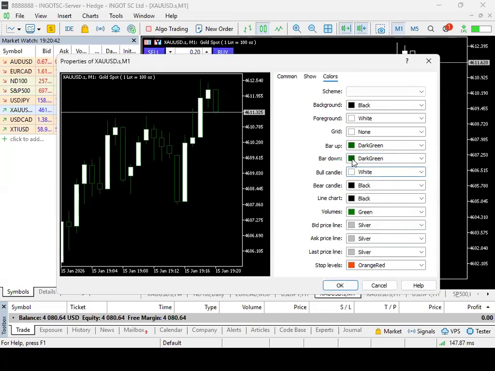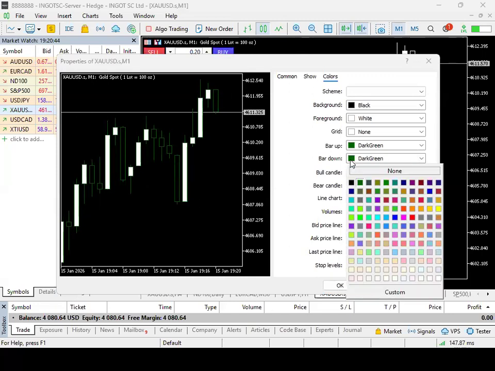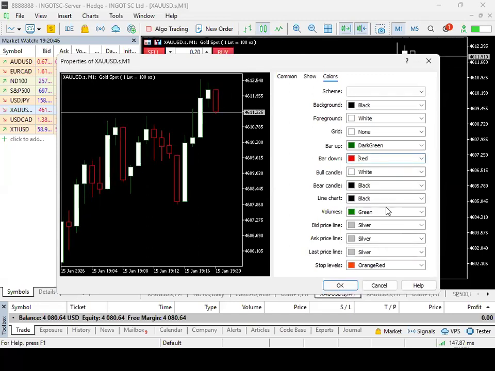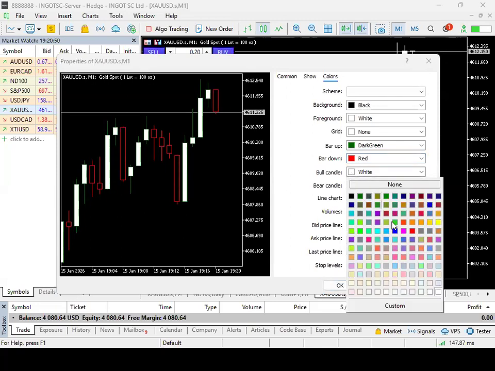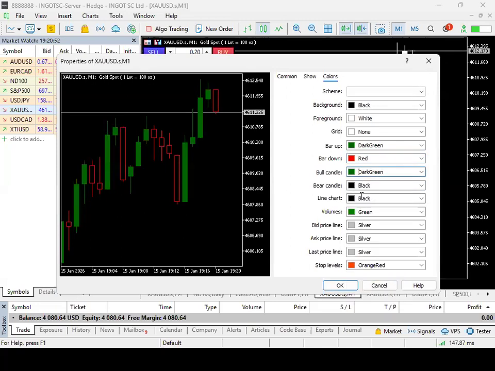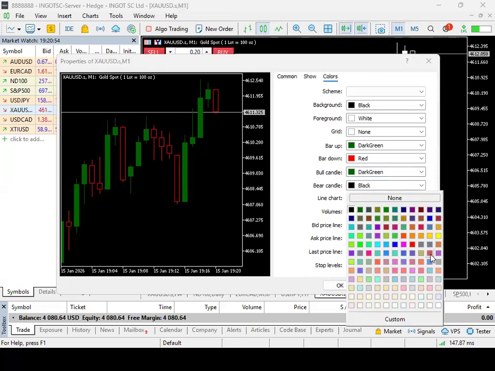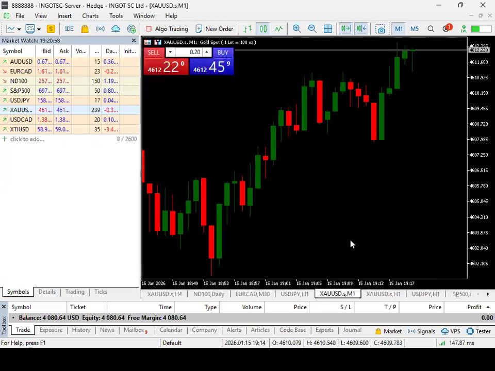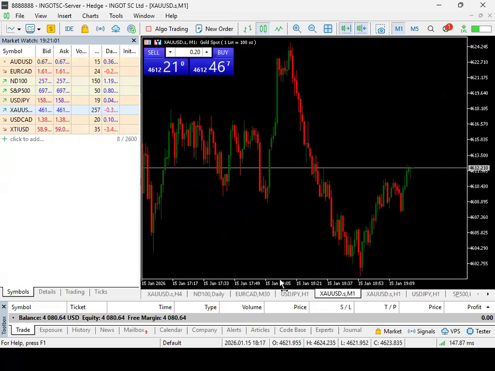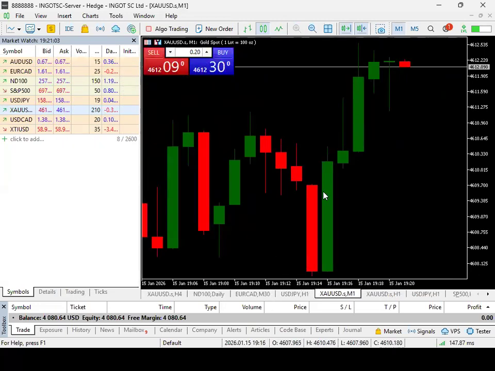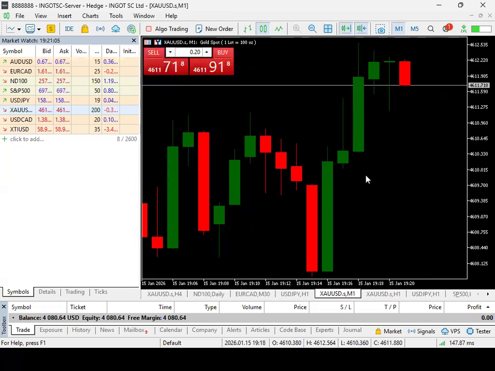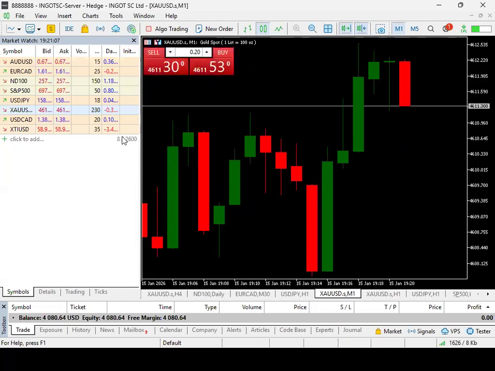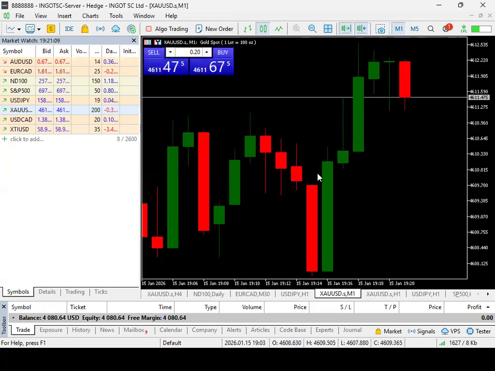But down, gonna make them red. Yeah, let me just maintain my good candles. I like that color much better. For me, this one is much better. Green and red works very well for me. Okay, so that's about it.